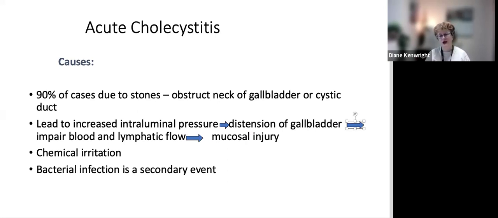And then there's also direct mucosal injury due to the intraluminal pressure. Chemical irritation is common in both acute and chronic cholecystitis. And bacterial infection is a secondary event in acute cholecystitis because of the stasis. Mainly the problems arise because of the pressure effect of the gallstone causing swelling in the gallbladder.